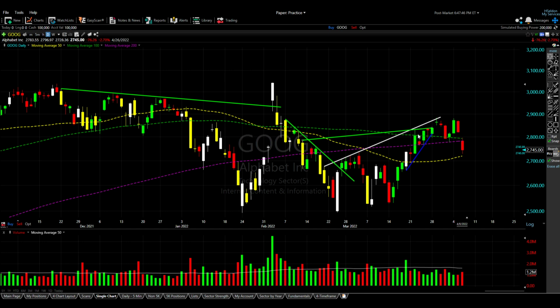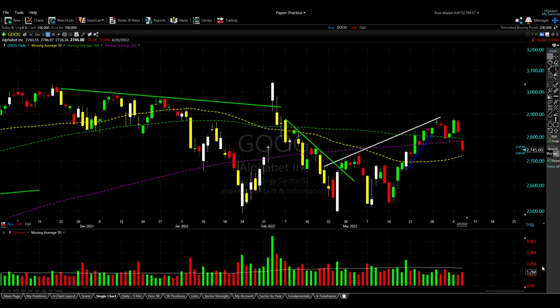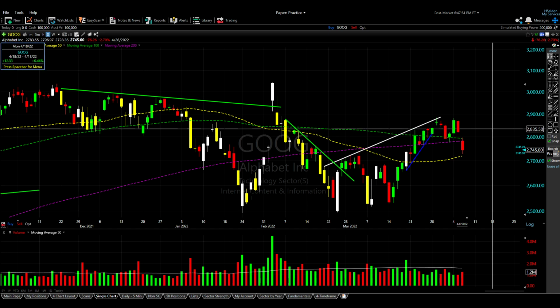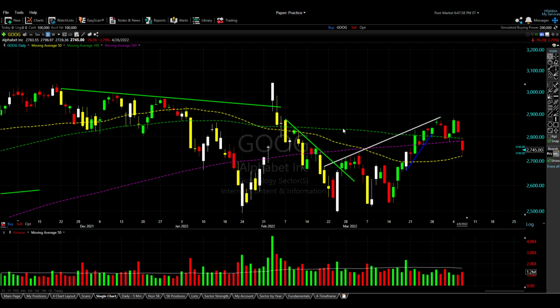But these crosses, even though this, so you have here 2831, even though this is no longer there, you can see, look, it does act as resistance here. 2830 is still an important price point. And you want to set your alerts off those price points.